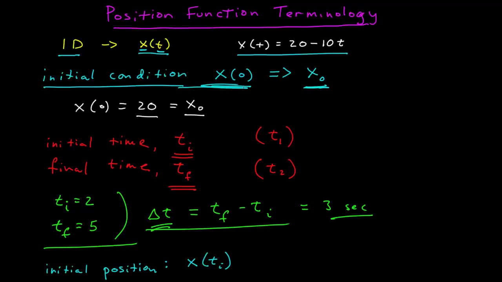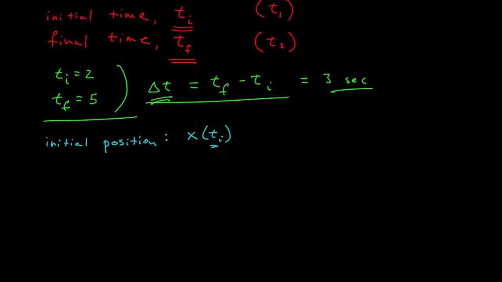Don't get these completely confused. A lot of times our initial position will be at t equal to 0, but it's not necessarily always the case. But it's the same idea. I have some initial time, t sub i, and I'm going to evaluate this function at that time, and it's going to give me my initial position. And then I might have some final position, which is going to be this function evaluated at t final.